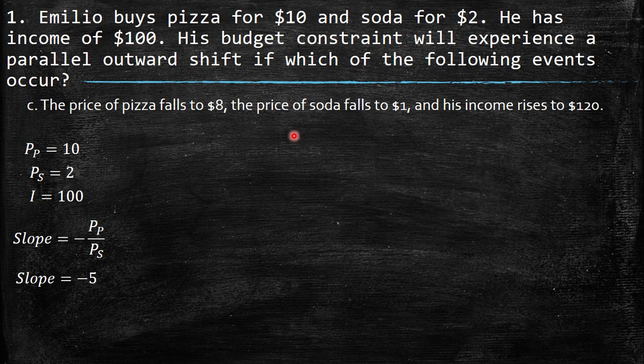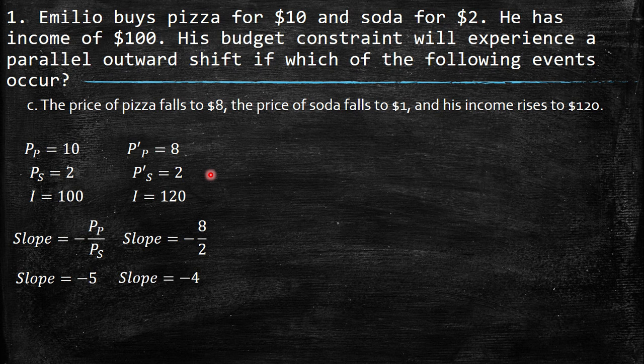The other one, the price of pizza falls to 8, the price of soda falls to 1, and his income rises to 120. Then the price of pizza is equal to 8, the price of soda is equal to 1, actually here should be 1, and the income should be 120. So then here we have minus 4.